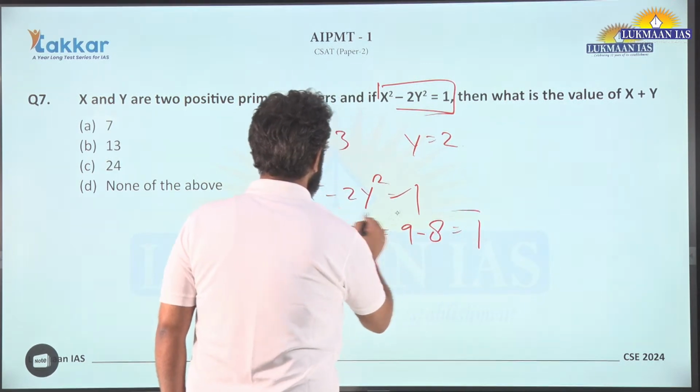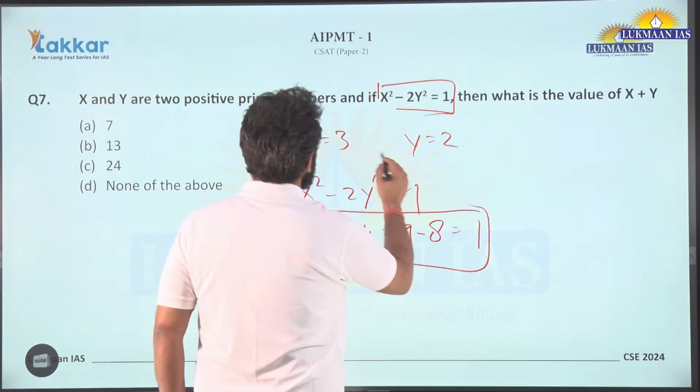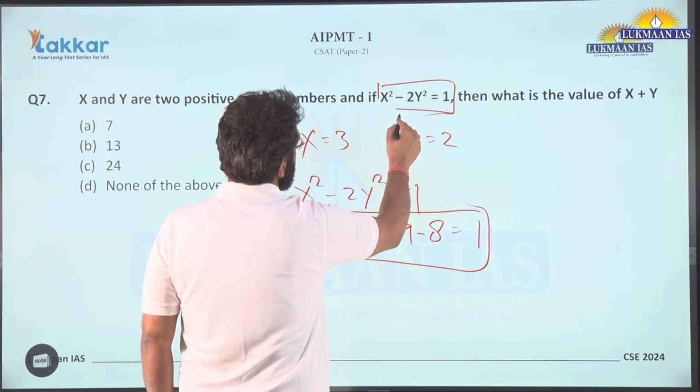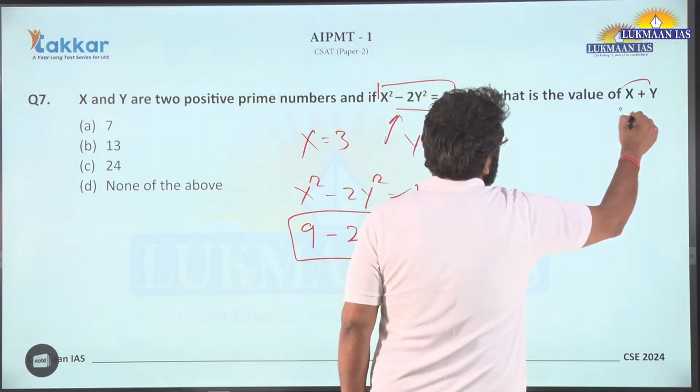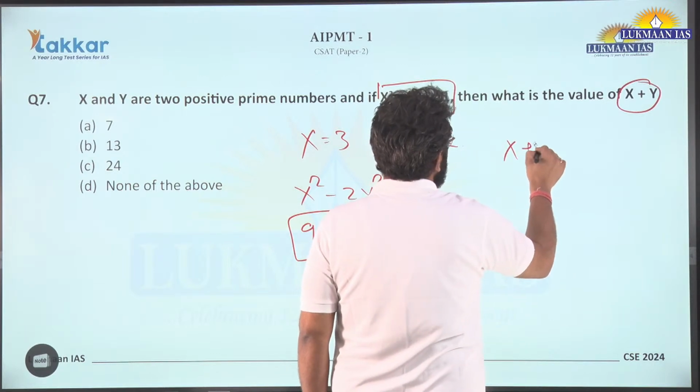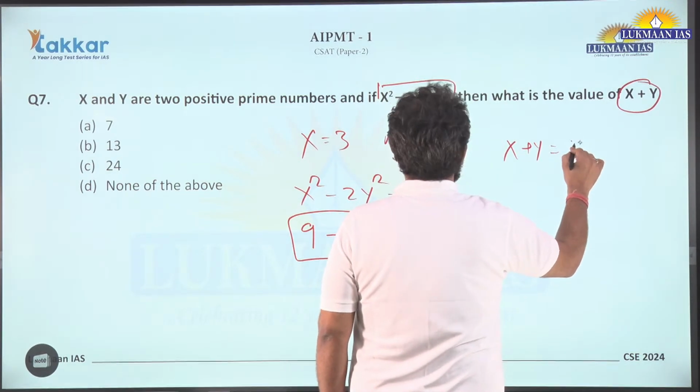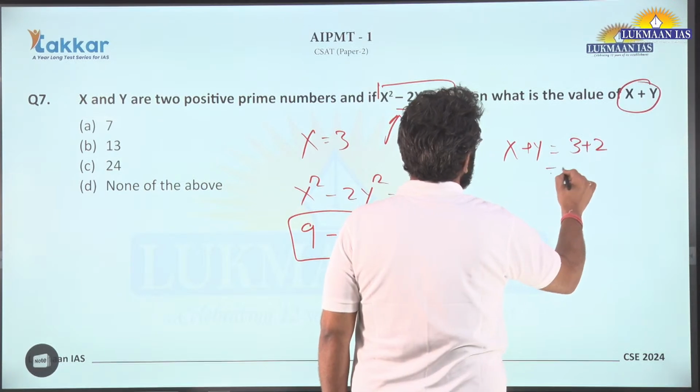So in this condition, if we take x equal to 3 and y equal to 2, this satisfies the equation, and we are asked about the value x plus y. So it would be 3 plus 2 equal to 5.